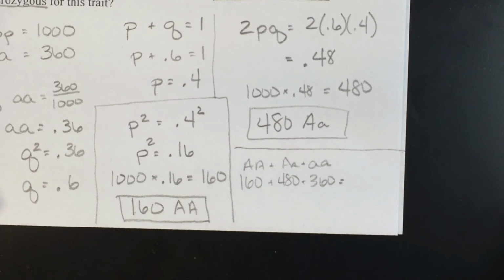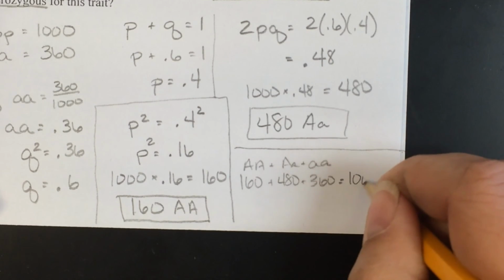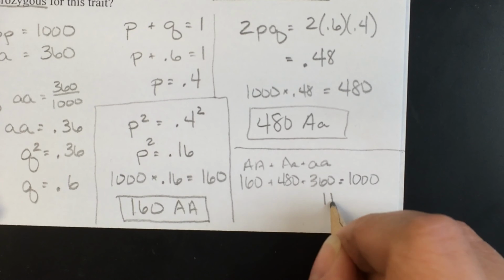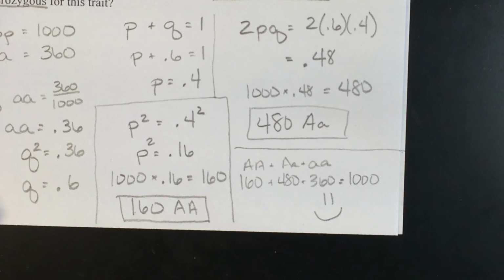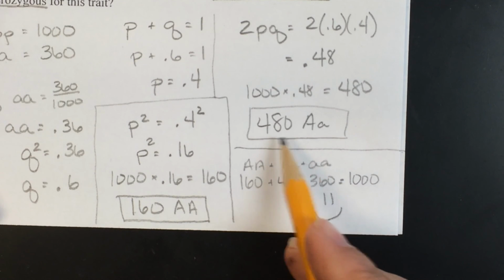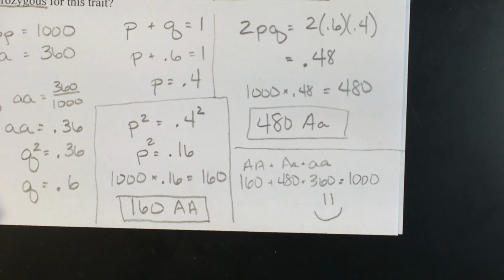And when you add those all up, you get 1,000. And that means that you did it correctly. So our final answer here is 160 homozygous dominant and 480 heterozygous.